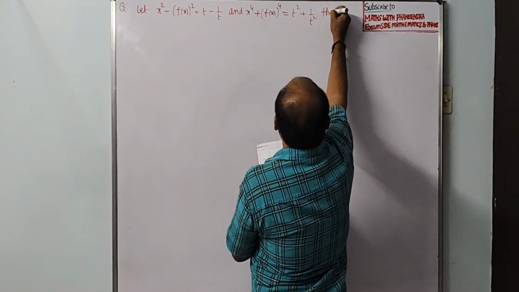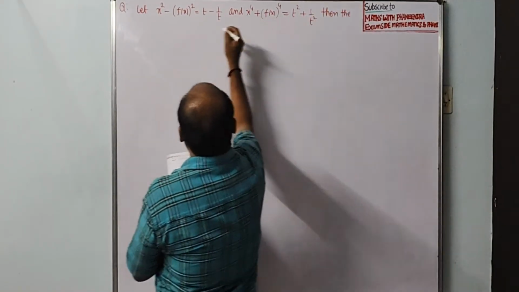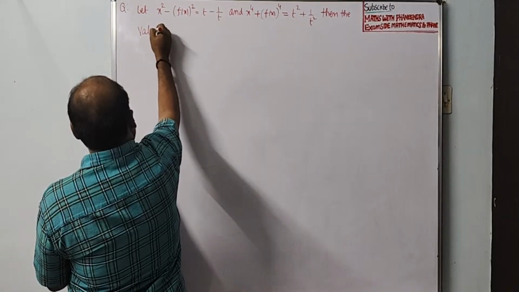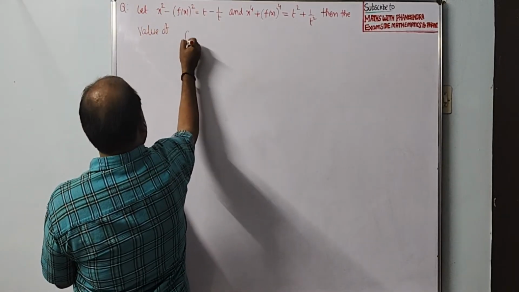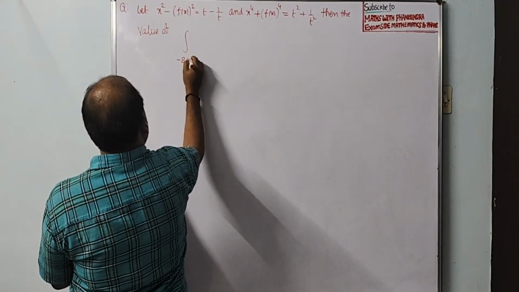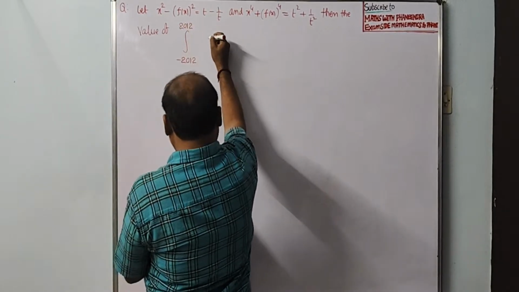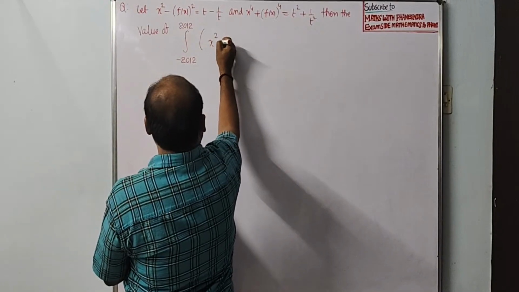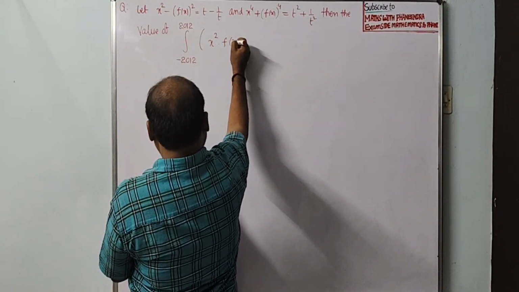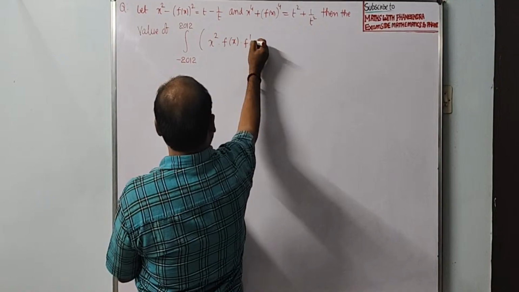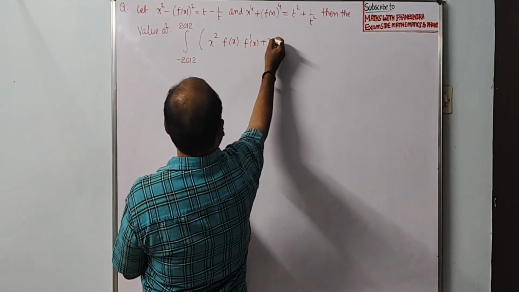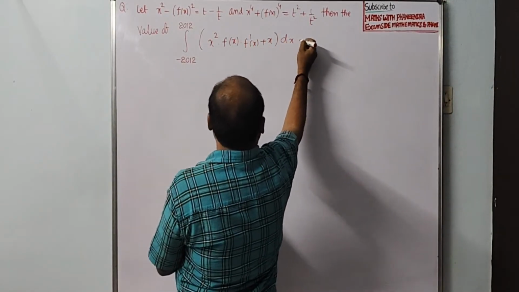Then the value of the integral from minus 2012 to plus 2012 of x square into f of x into f dash of x plus x into dx equal to.